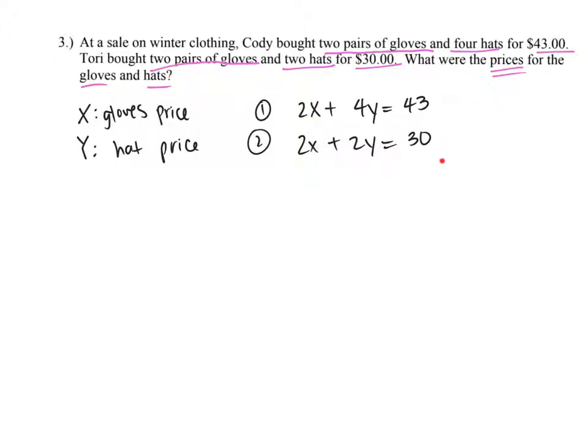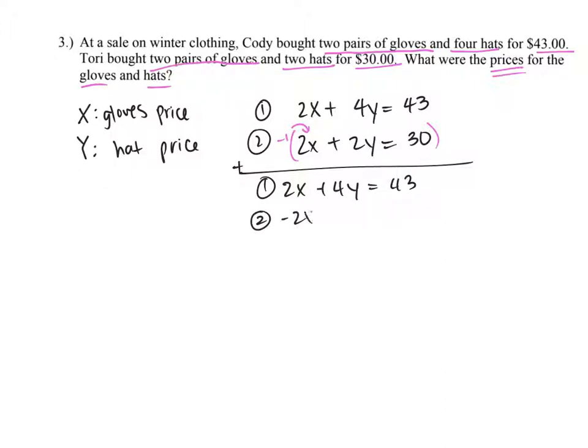Maybe I'll multiply the bottom here by -1 so that they have opposite signs. So if I multiply the bottom by -1, the top comes down the way it is because I didn't have to multiply the top. But the bottom becomes -2x minus 2y equals -30.